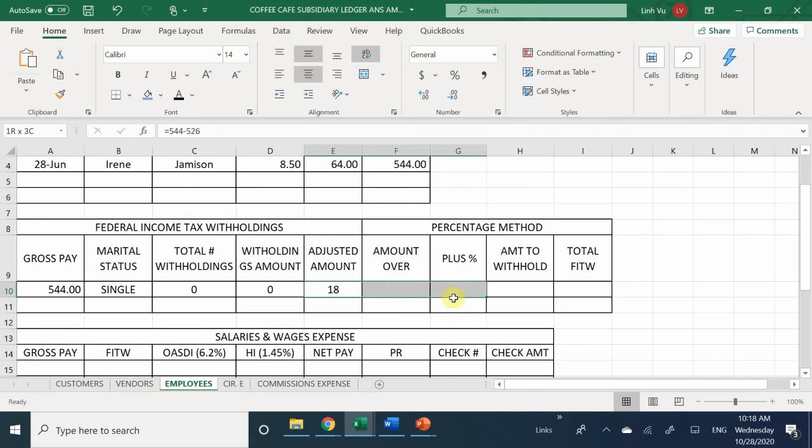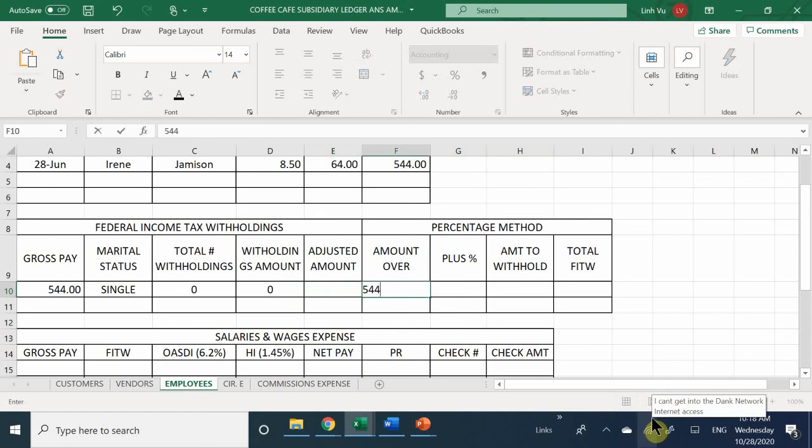Now with that amount, that's how much you're going to have over. Where is my formatting button? There you go. Wait, hold on, I'm in the wrong column. So the amount over is going to be the 544 minus the 526. I forgot my equal sign. 544 minus 526 equals $18.